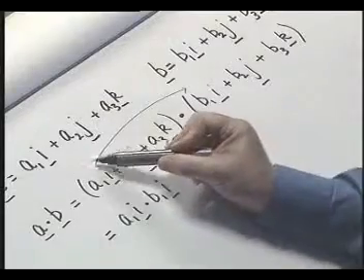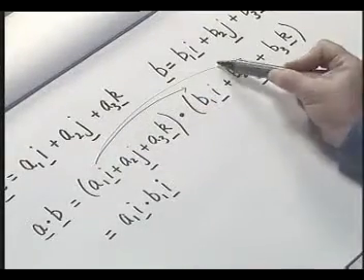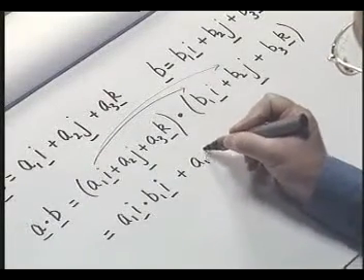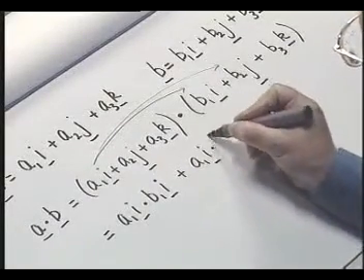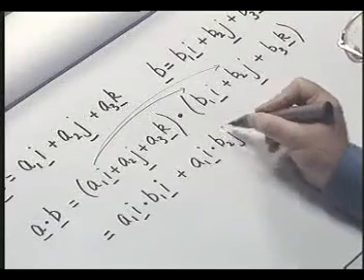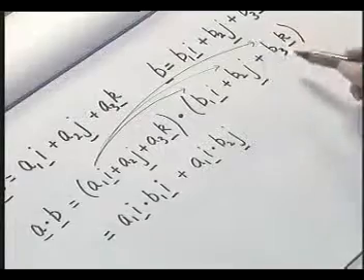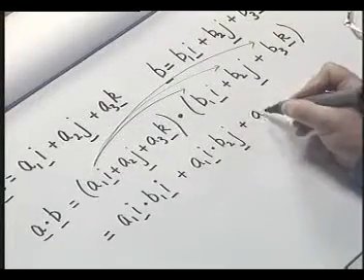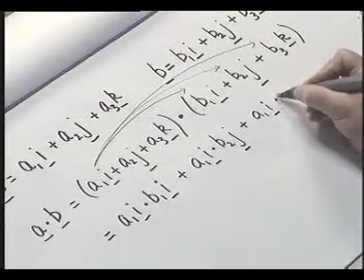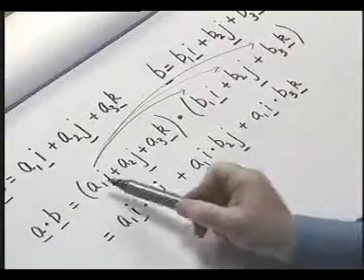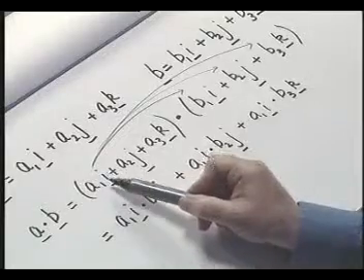Then we want a1 i dotted with b2 j. And finally, a1 i dotted with b3 k. So that takes care of this first vector here.